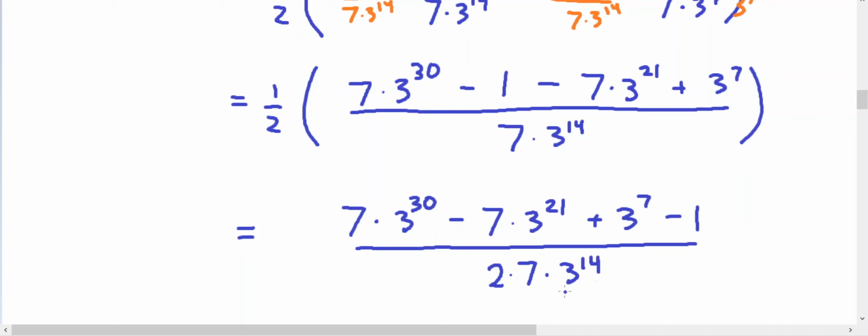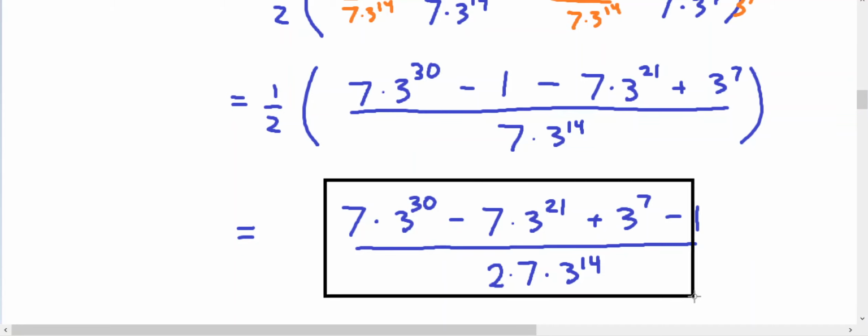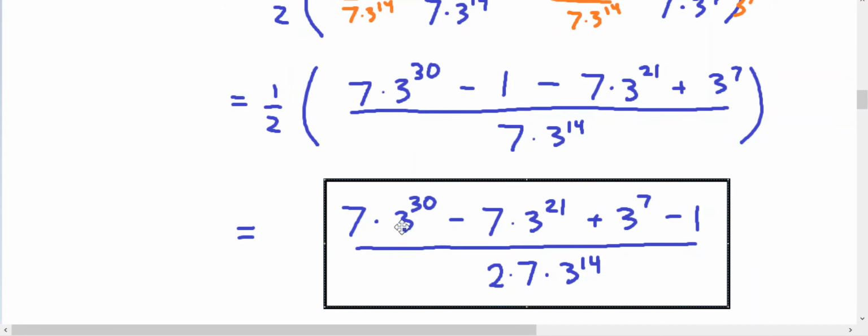And at this point, there's a couple of things you could factor out, but it really doesn't change much about actually having to compute this fraction. So we're in a position to declare the answer: the arc length for that formula is this fraction. 7 times 3 to the 30th minus 7 times 3 to the 21st plus 3 to the 7th minus 1, all over 2 by 7 by 3 to the 14th.